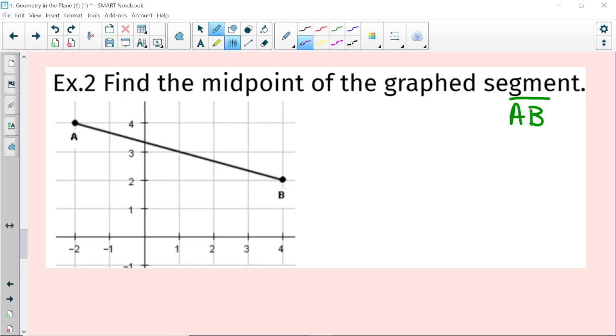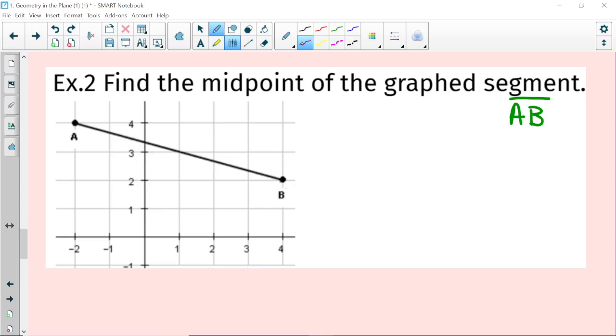What can we do on a graph to find the halfway point, the midpoint? I want you to take a moment and think about it. We just looked at 2 ways we could get our correct answer.